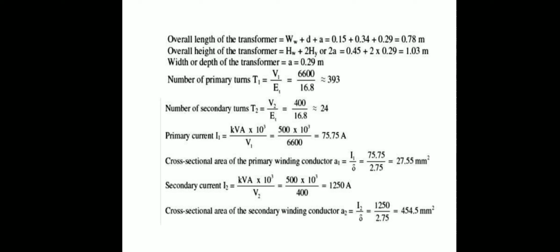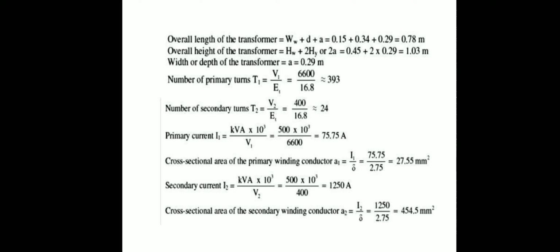All are added, and the result is 0.78 meter. Overall height of the transformer, HW plus twice HY or 2A, is equal to 0.45 plus 2 into 0.29, which is equal to 1.03 meter. Width or depth of the transformer is equal to A, which is 0.29 meter.